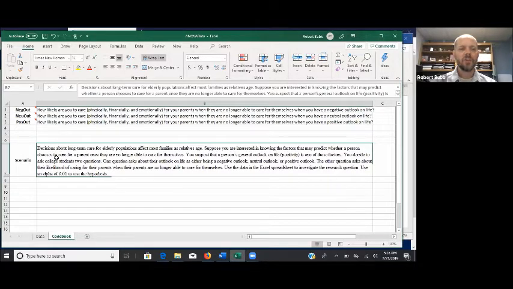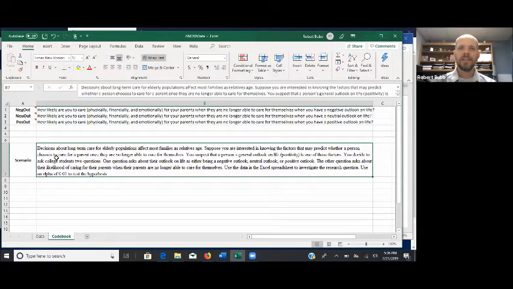You decide to ask college students 2 questions. So one question asks about their outlook on life as either being negative, neutral, or positive. That is your independent variable. The other question asks about their likelihood of caring for their parents when their parents are no longer able to care for themselves. That is your dependent variable in this particular scenario. Remember, the dependent variable is what's being measured. The independent variable is their grouping variable.